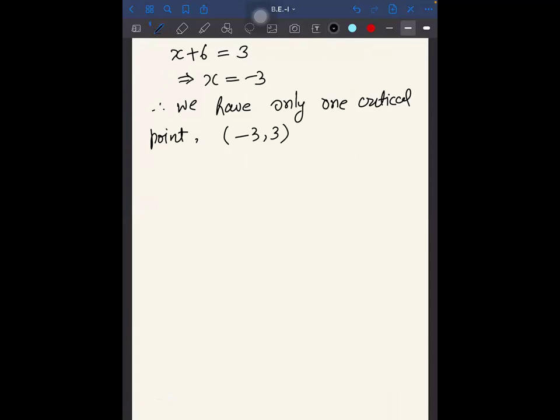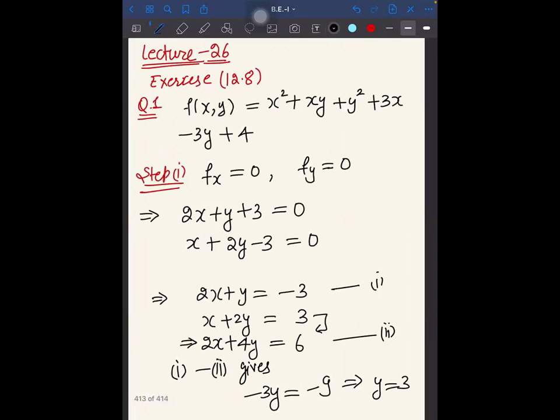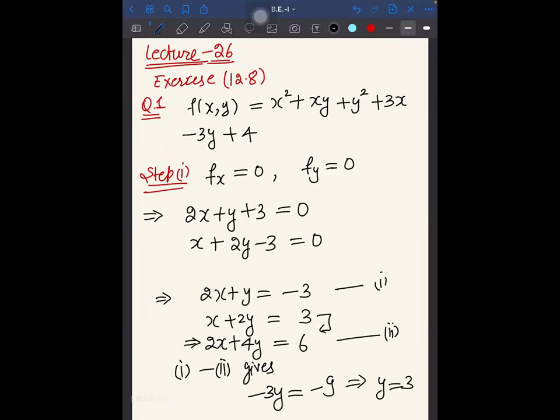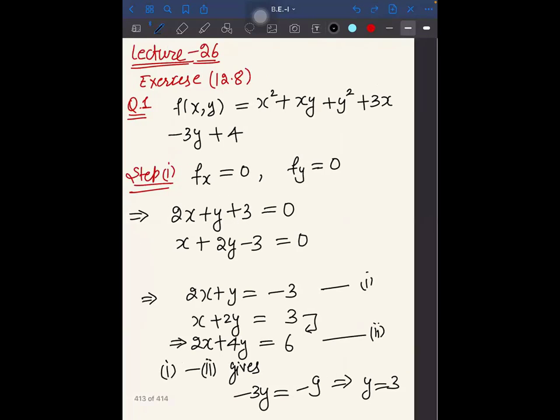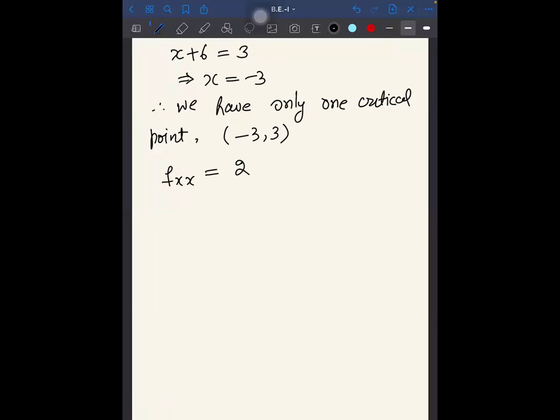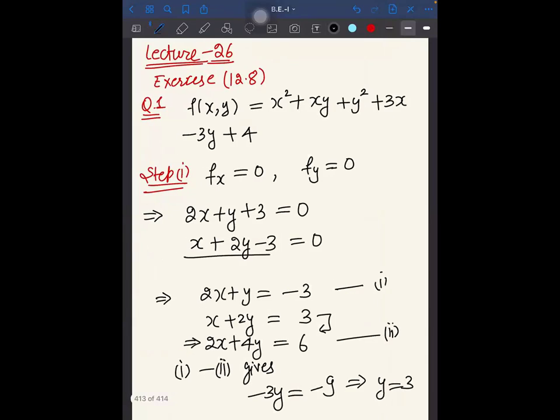So now what should be calculated? Now we'll be calculating the second order derivatives. So fxx. This is your fx, 2x plus y plus 3, and what is your fxx? That is 2. And what is your fyy? 2.